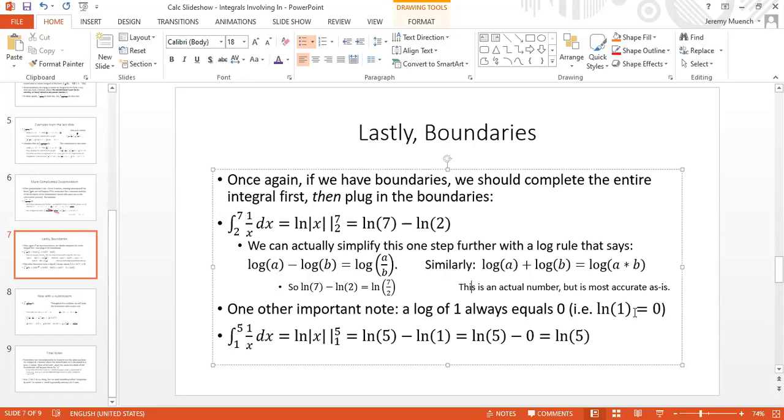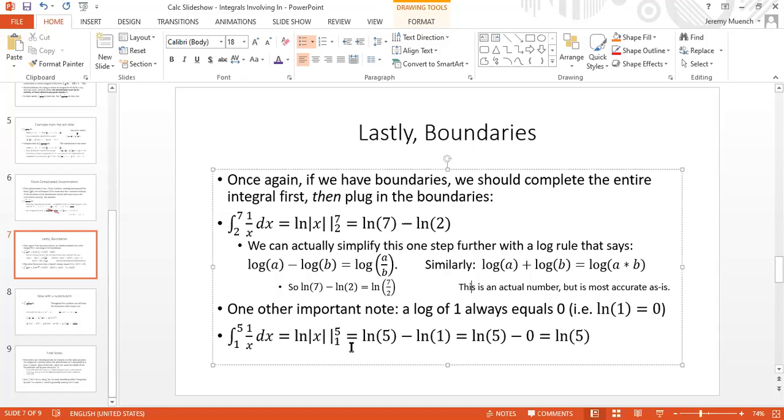It's just not really a thing. Log is supposed to represent exponentials, so a log base 0 obviously has problems. Anyway, ln of 1, going back to this, ln of 1 is 0.